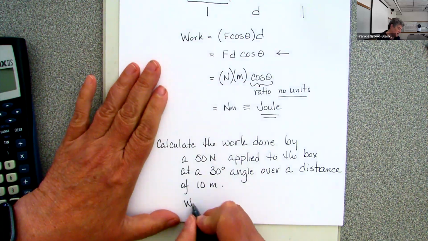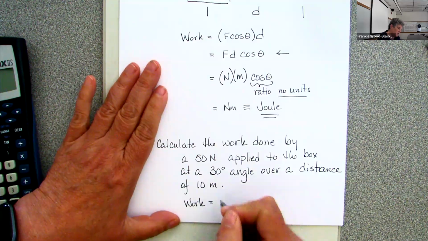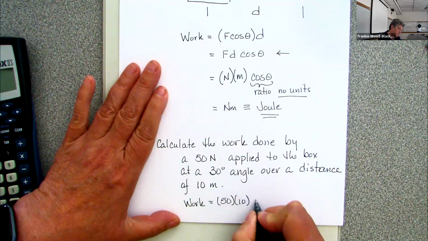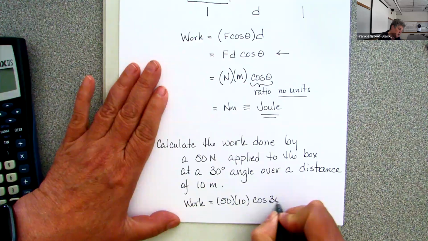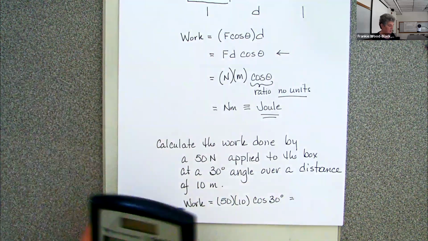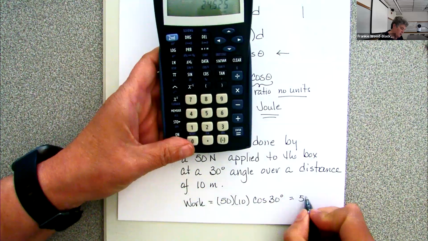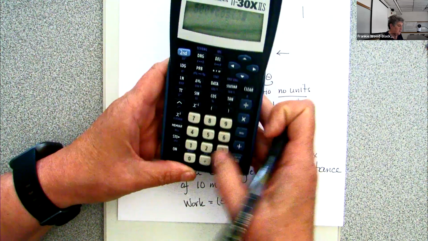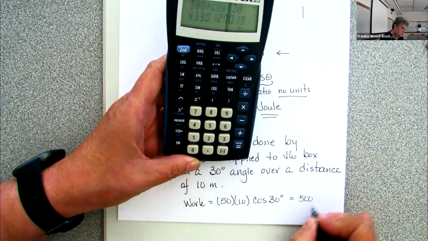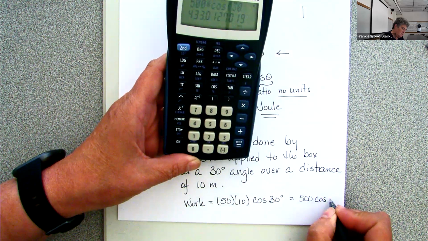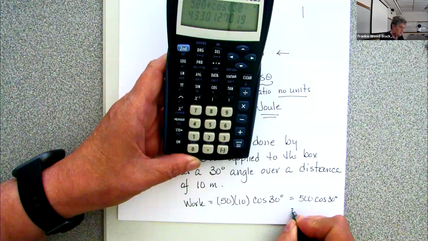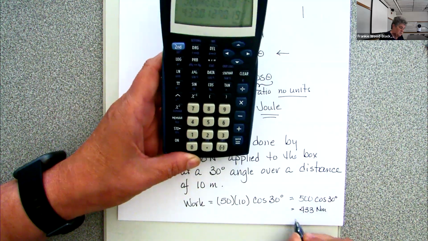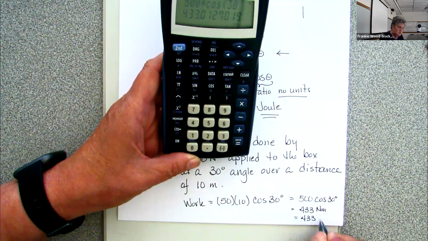The work that's going to be done is just going to equal 50 times 10 times the cosine of 30 degrees, which is going to give us 500 times the cosine of 30 degrees, which gives us 433 newton meters, or 433 joules.